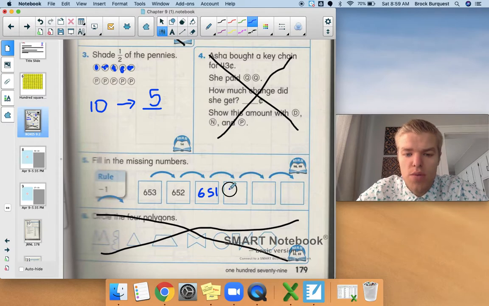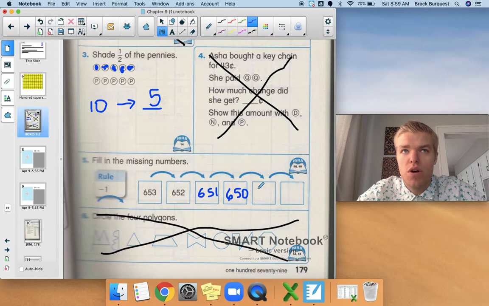If we took away 1 more, we'd write 650. Gets kind of tricky here. What's 1 less than 50? If you said 49, you would be right. So you'd write 649. And 1 less than 49 would be 48.